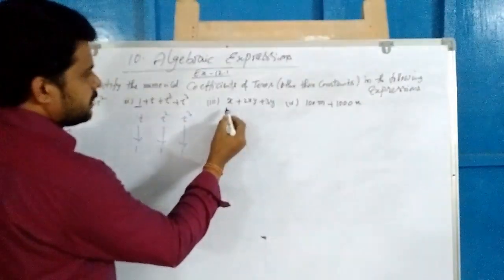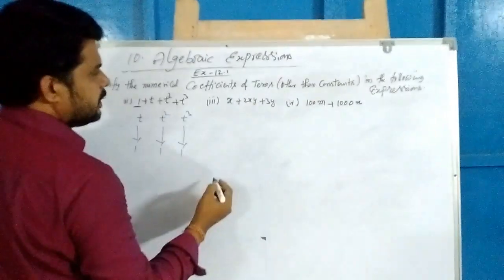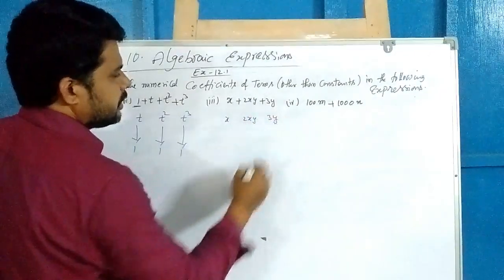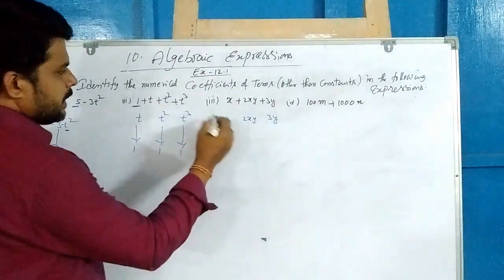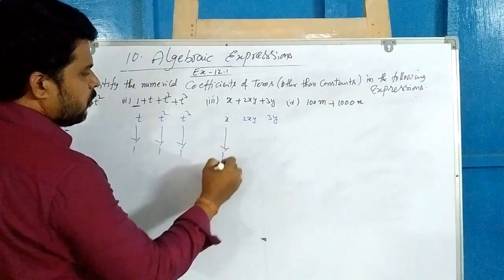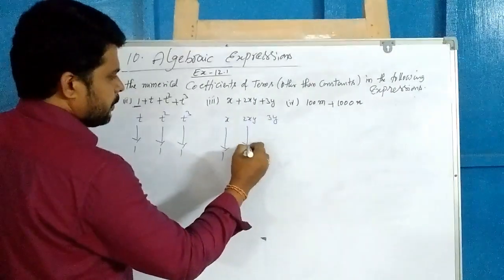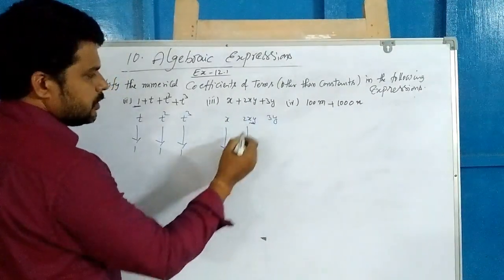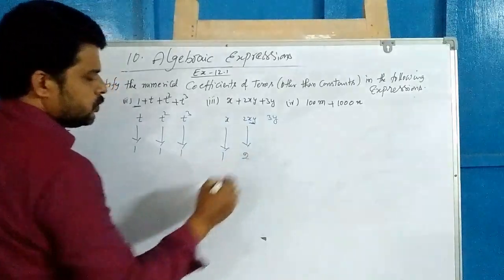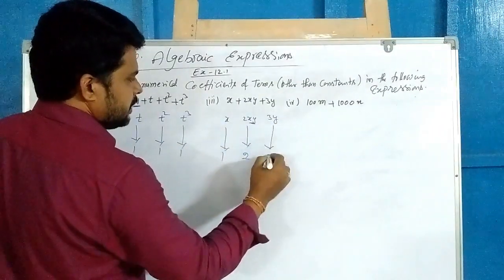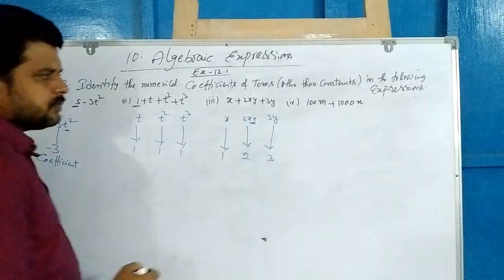Next, what are the terms? x, 2xy, 3y. So x is multiplied with which number? 1. So 1 is the coefficient of x. 2xy, so xy is the variable here. xy is multiplied with 2, so 2 is the coefficient. 3y, y is multiplied with 3, so 3 is the coefficient.